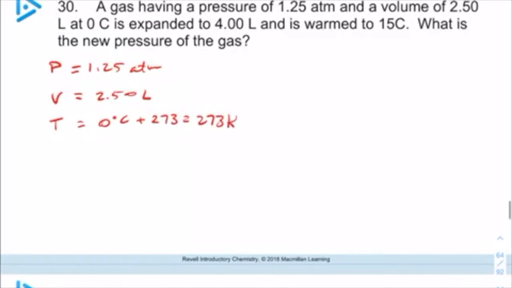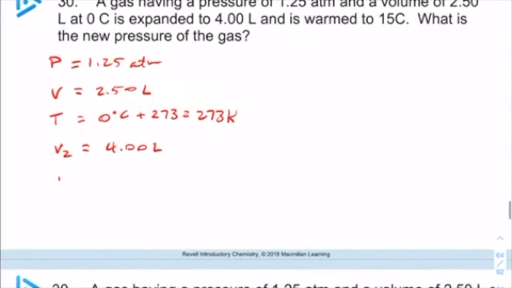Now the gas is expanded to 4 liters, so I have a new volume of 4 liters, and it's warmed to a temperature of 15 degrees C, which is 288 Kelvin.